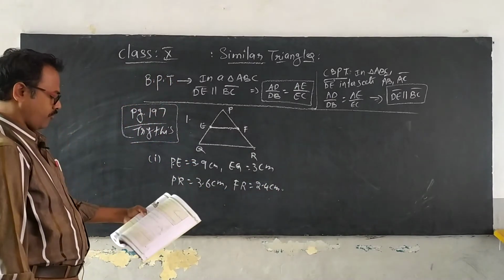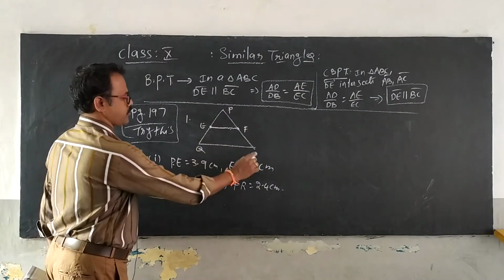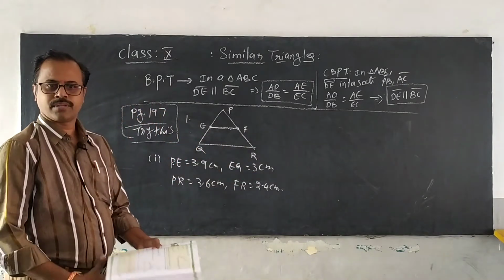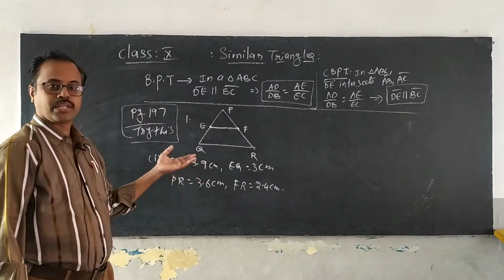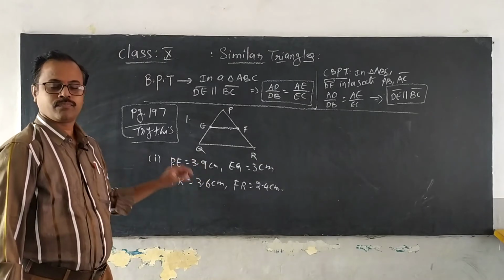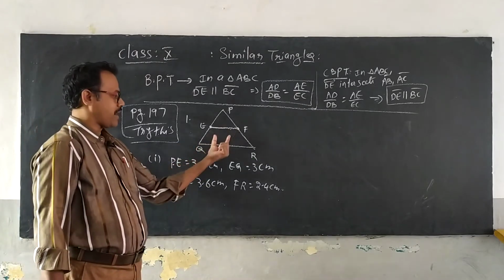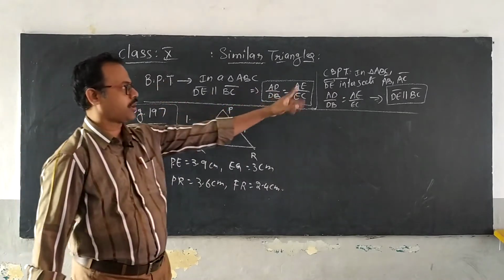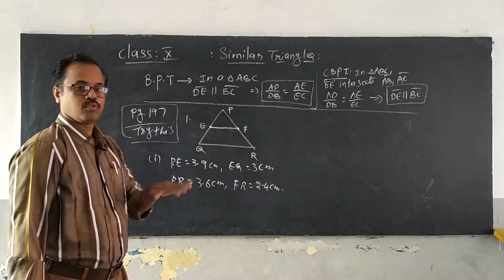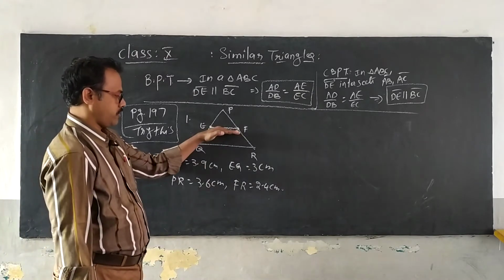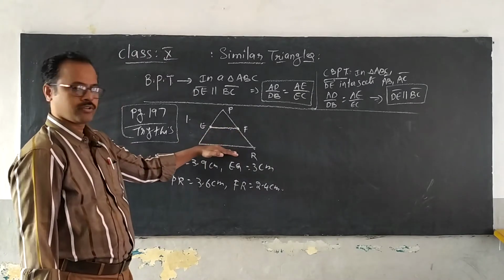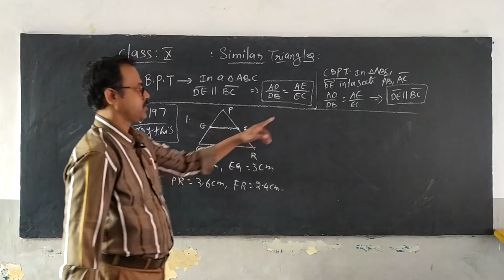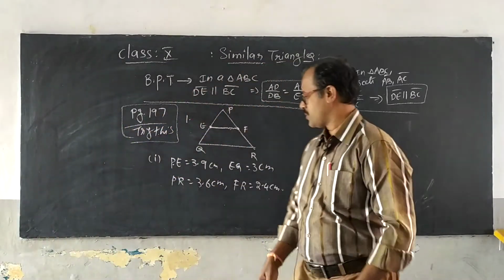It asks whether EF is parallel to QR or not. That means you want to show that EF is parallel to QR. Then which theorem do you use, BPT or converse of BPT? Yes, you are right. You will use the converse of BPT.